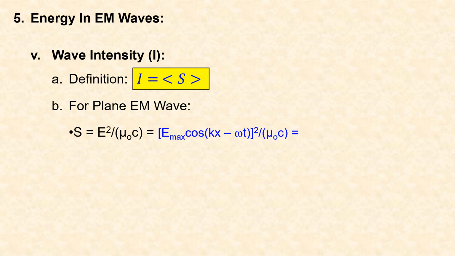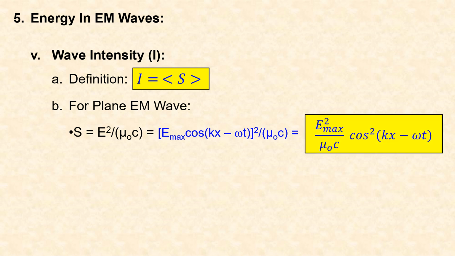Because it goes like the field squared, and we know that we express both the electric and magnetic field as sinusoidal functions, that squared factor gives us this cosine squared term here.